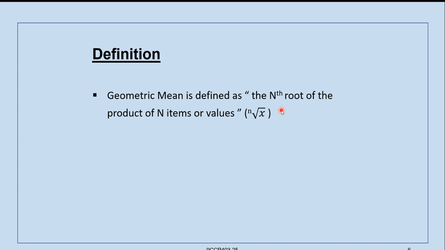So the square root of 27 is the geometric mean.